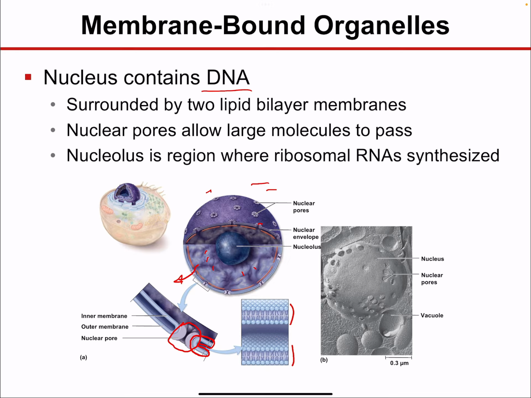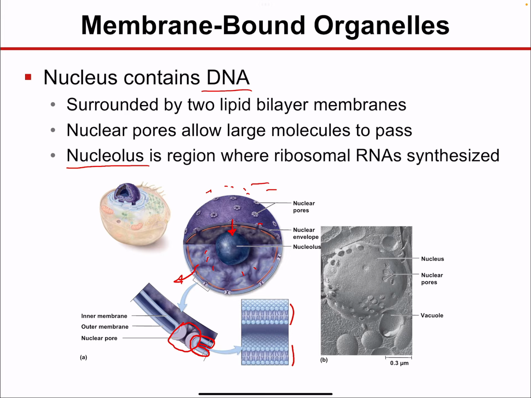By the same token, we have the enzymes that are responsible for the synthesis of DNA that are produced out here. These enzymes have to end up inside of the nucleus so that the genetic information can be copied, right? So that's basically the role of the nuclear pores.